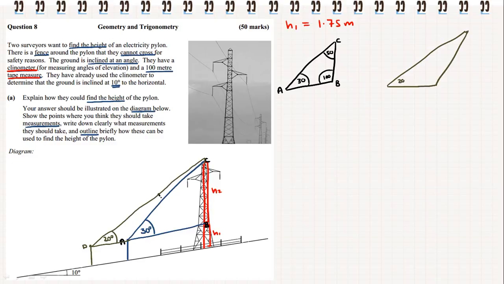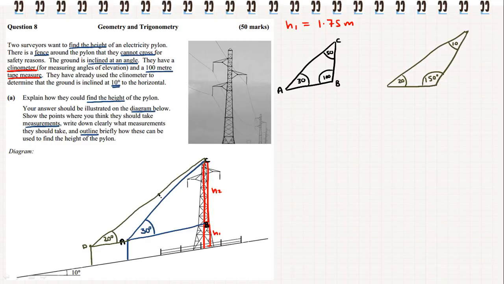I have 20 degrees. I'm noting that if I have a straight angle here, and that's already 30 degrees, then my angle here is going to be 150 degrees. So I have 20 and 150 gives me 170, and my angle up here is going to be 10. Again, I might not need all of these angles straight away, but they might help me later on.